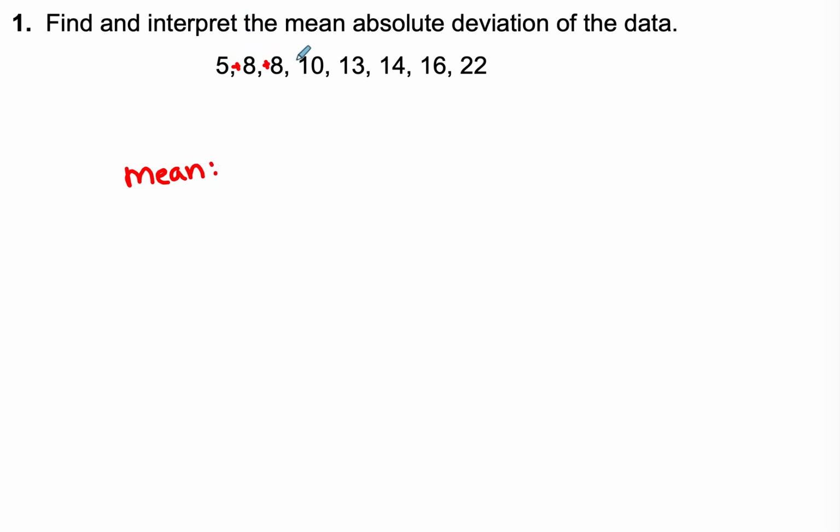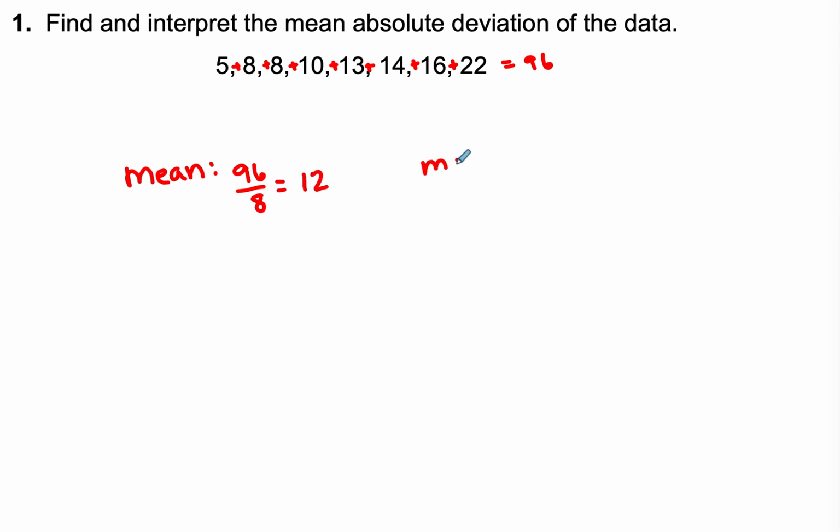So 5 plus 8 plus 10 plus 13 plus 14 plus 16 plus 22, that is going to give us a total of 96. And then there are 8 numbers. So for our mean, we do 96 divided by 8 and we get 12.